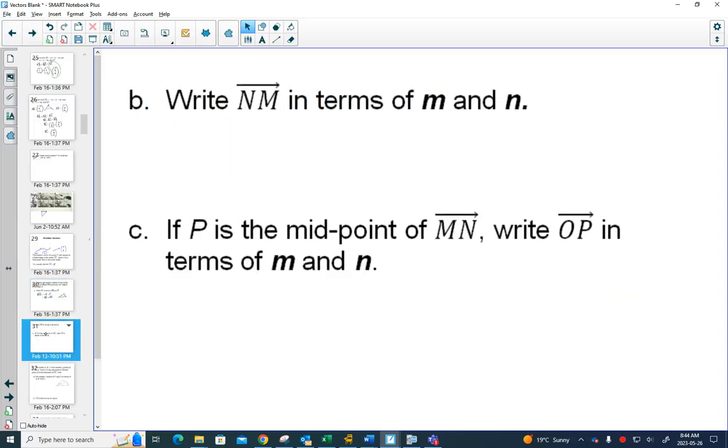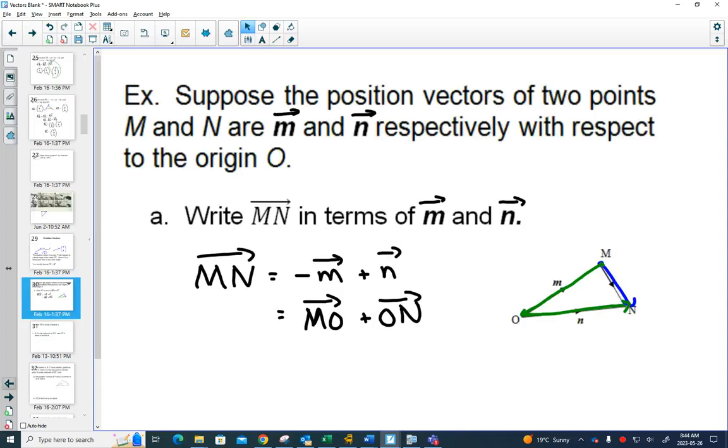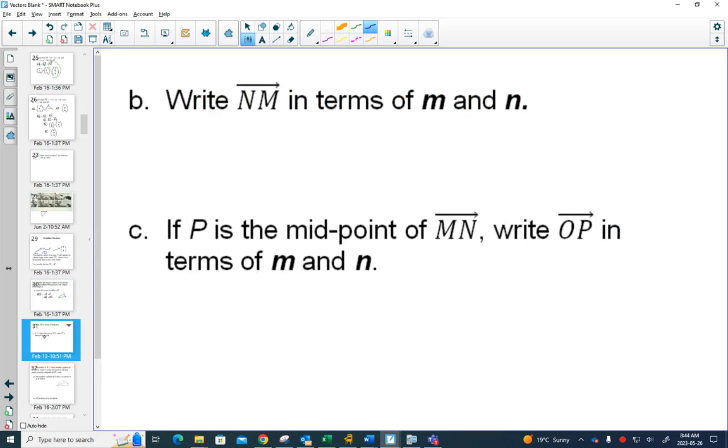If you wanted to go from N to M, all right, so going back to this diagram, now if I wanted to go from N to M, can you see that you could go minus N and then plus M? So you're going to find that I am going to write it this way a lot.